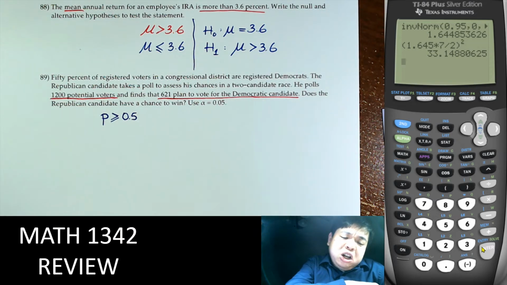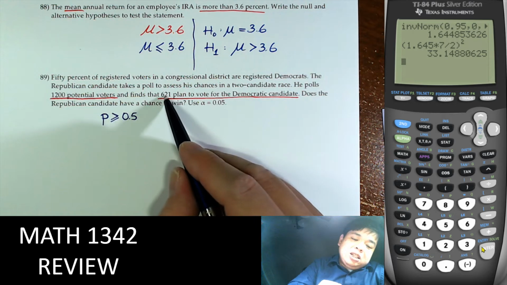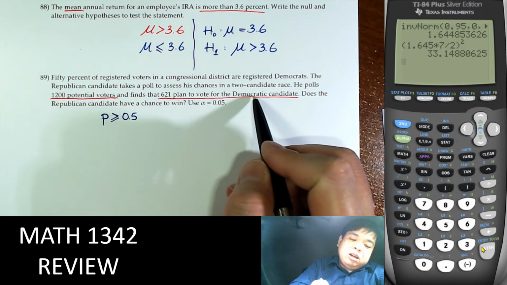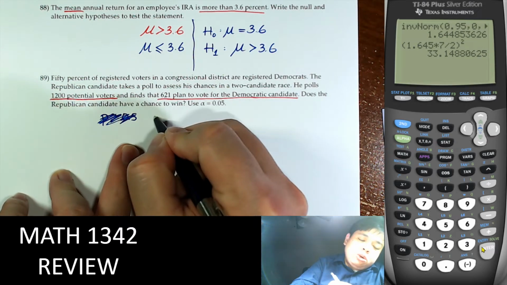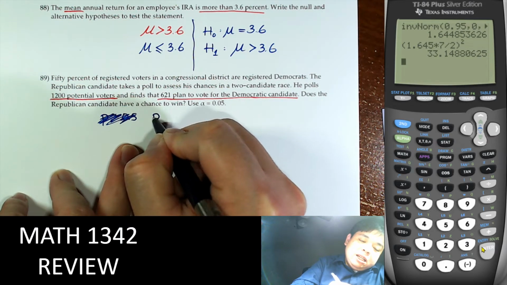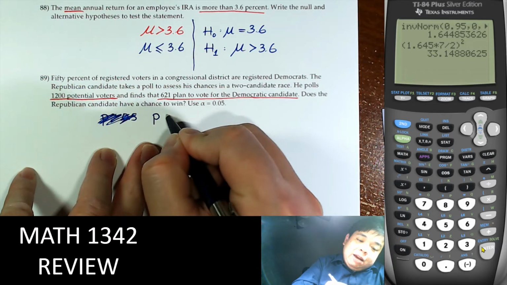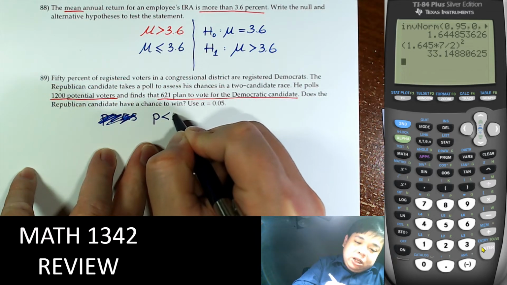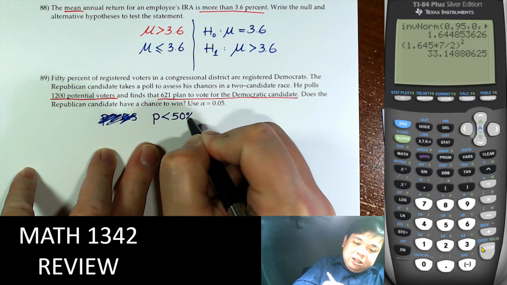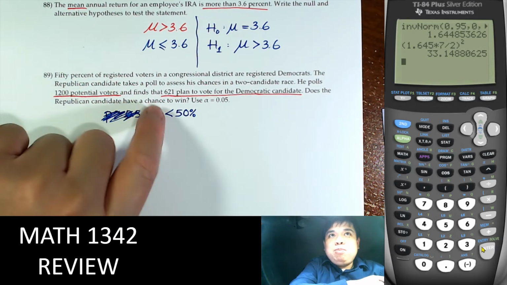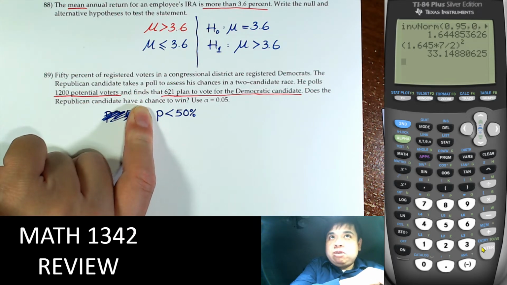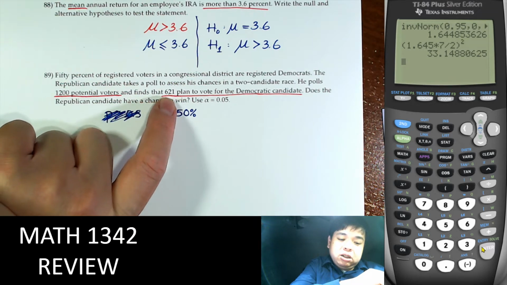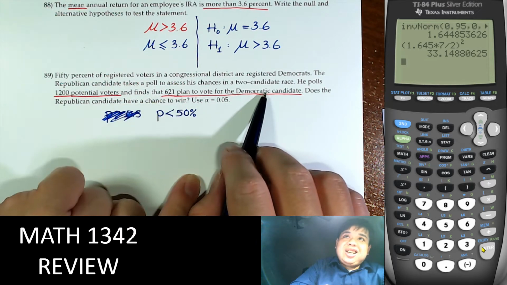Now, a little bit tricky here because that 621 go with the Democratic candidate. So that means with respect to that, his opponent has to be less than 50% for him to win. Right? Once again, this p is the probability of his opponent, not himself, because everything is based on the Democratic side here.